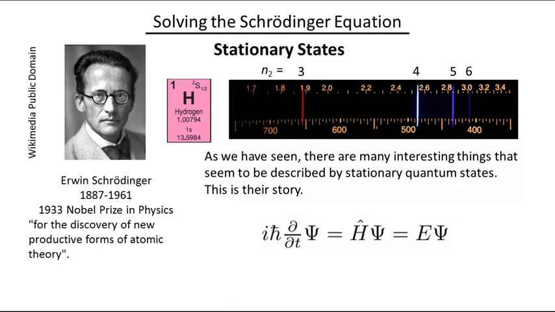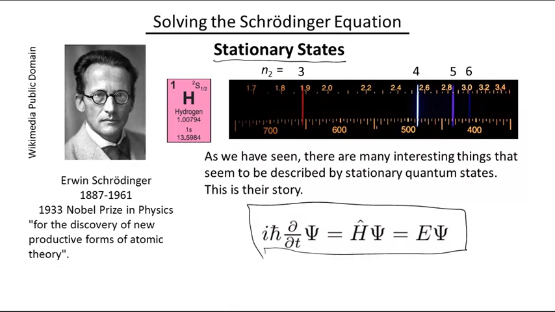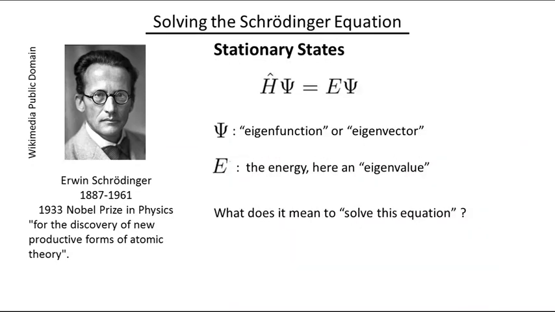However, there's quite enough to be learned by understanding how to solve the stationary states of the system, which underpin a lot of the important phenomena that we see in nature. And so the rest of this lecture is going to focus on the solution of stationary state problems.